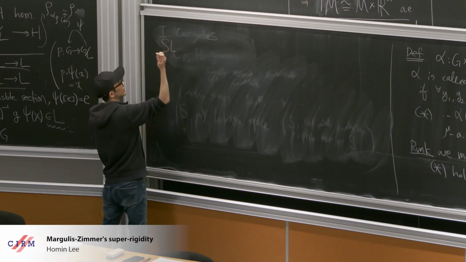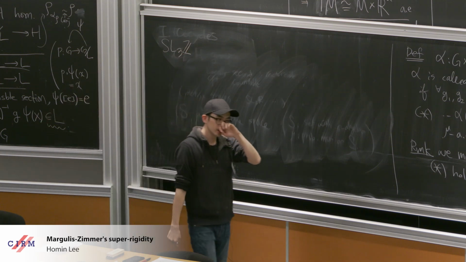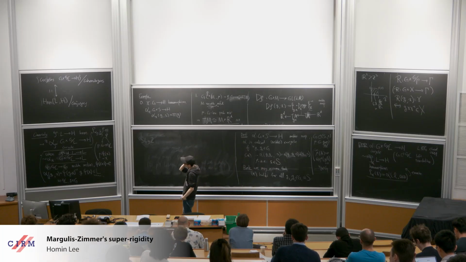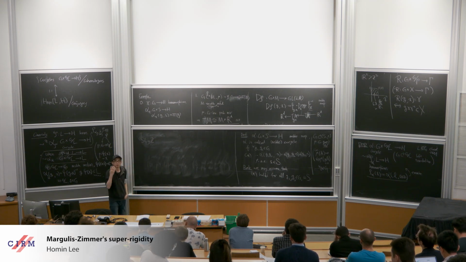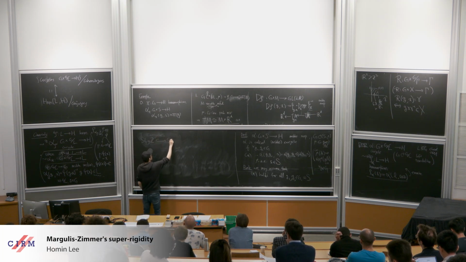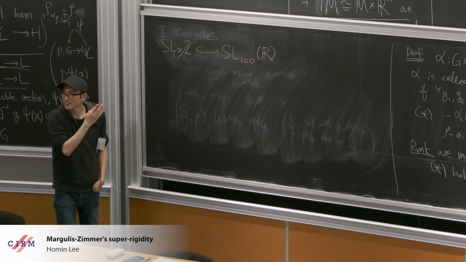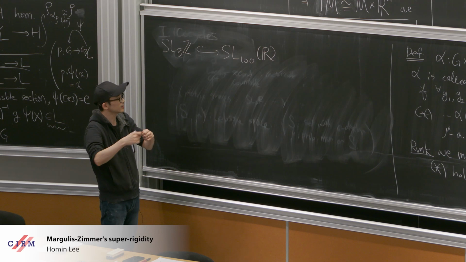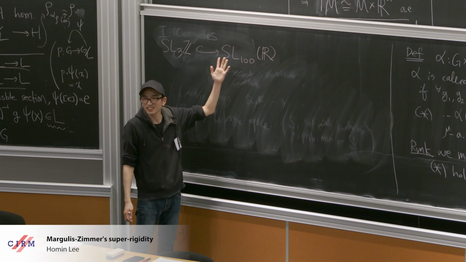If you have, say, SL3Z, because we will go back to lattices and the simple Lie groups tomorrow, what is the right envelope of SL3Z? Thinking of SL3Z inside SL100Z is not a good idea. If you think about SL3Z inside SL100R, it's too big.